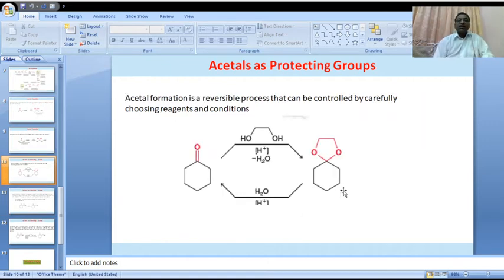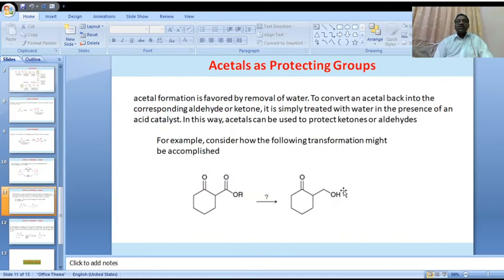In the presence of water and acid catalyst, it is converted into aldehydes or ketones.